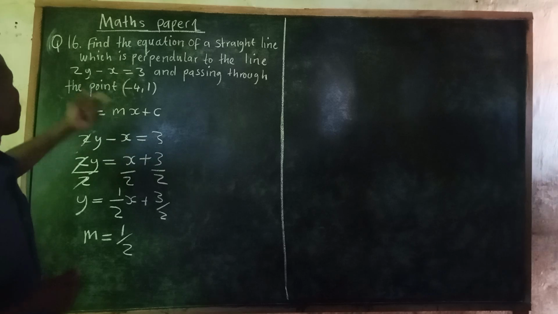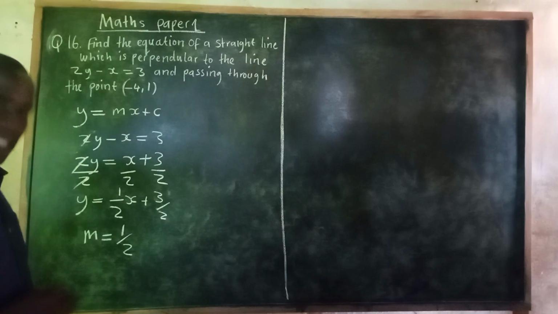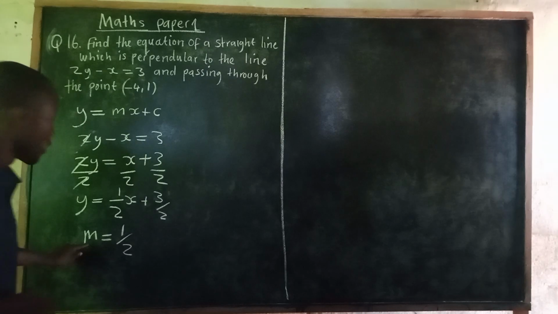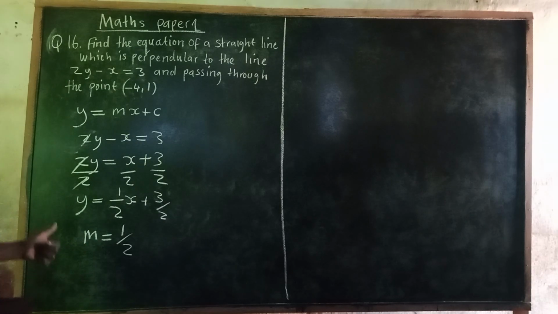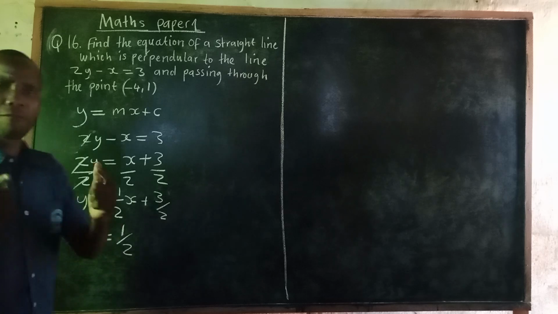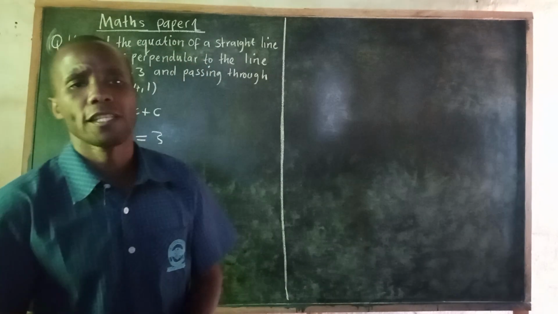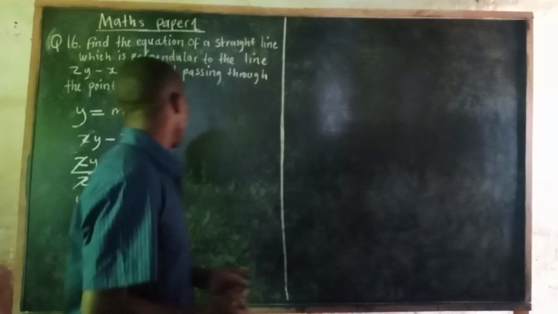For us to find the perpendicular gradient, we are going to name this one gradient 1. There is a formula that we use when finding the gradient of a perpendicular line.